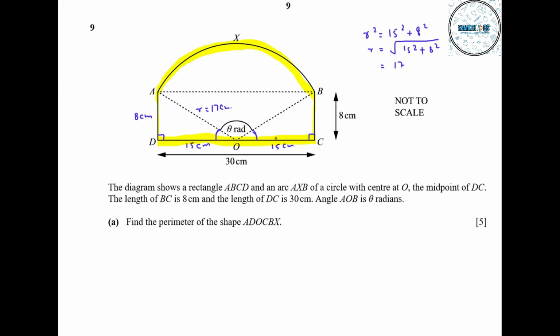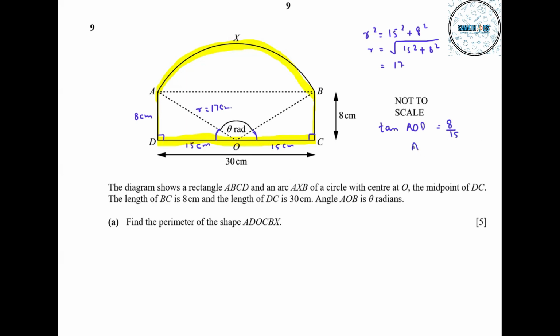To take out this angle, we have this side which is adjacent and this one which is opposite. So we can apply here tan. We have to take out this angle, so we can consider here AOD. Tan AOD is equal to perpendicular upon adjacent, which is 8 upon 15.